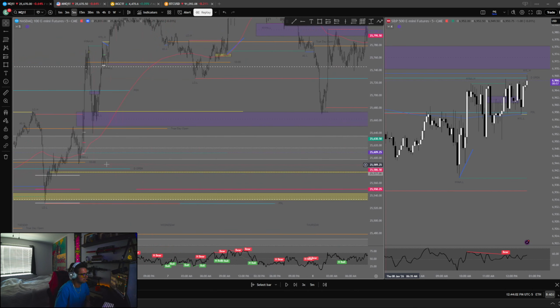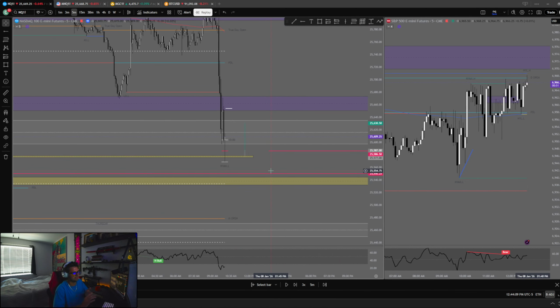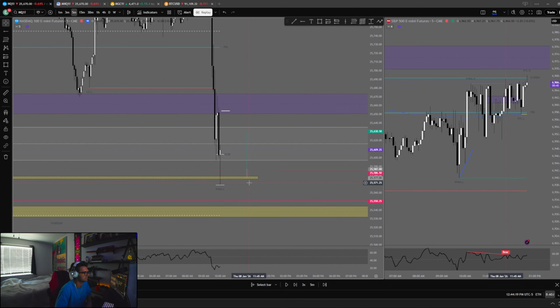And we take out these lows, take out old key levels, daily open, and we wick off of it. Since we have that key level sweep, we have liquidity sweep, and we have a rejection off of a confluence, that gives me total confirmation that this is a great rejection block to enter off of.